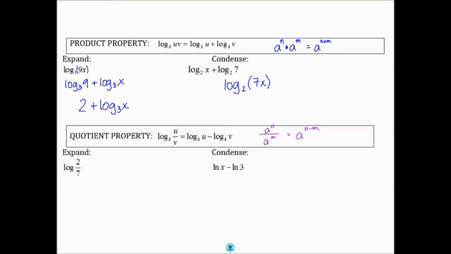So if we have log base b of u over v, we can rewrite that as log base b of u minus log base b of v. So if we're going to expand log of 2/7, since there's no base written here, the base would be 10, so this is the common log. But we can rewrite this as log of 2 minus log of 7.